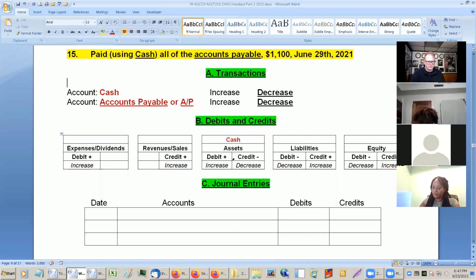A credit. And truthfully, if we just want to make the journal entry, we could do it right now. So we know cash is a credit without even jumping through the hoops. What's accounts payable going to be? Debit. Has to be.